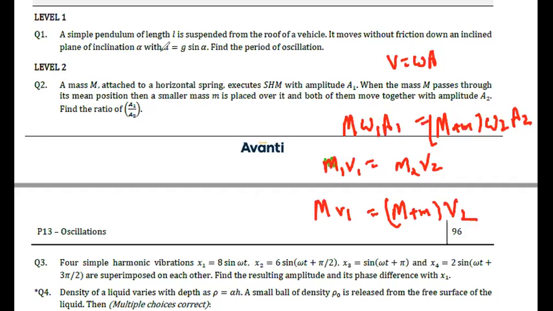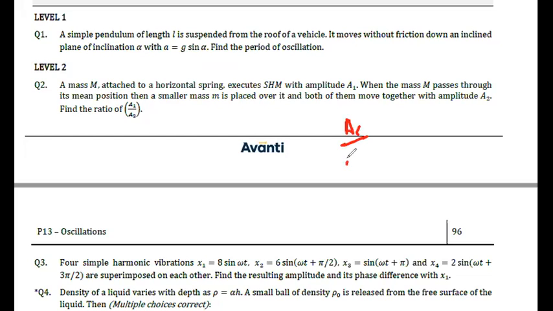Think about it. Just take the ratio. So A1 by A2 is equal to capital M plus small m by capital M into omega 2 by omega 1.